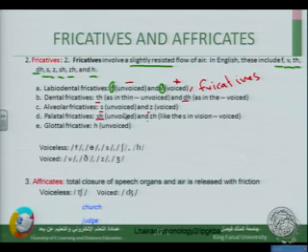Here we have Sh and J, like in vision. Which one is voiced and which one is voiceless? And we have the glottal fricative, H, which is voiceless. So these are the voiceless, and here is the voiced: th, sh, j.